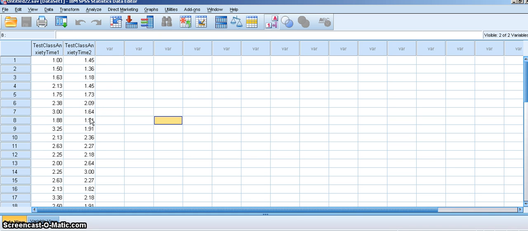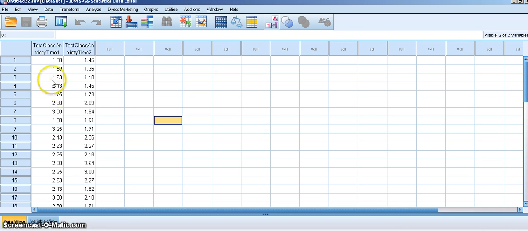Again, there was something that happened between time 1 and time 2 that may have impacted their anxiety score.